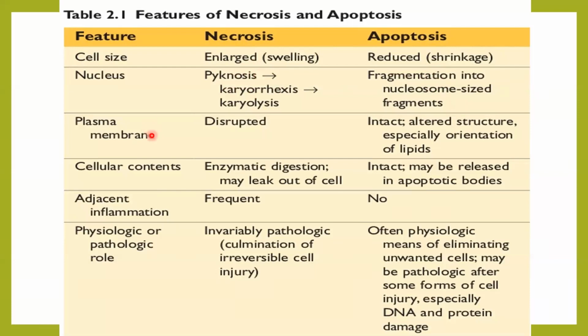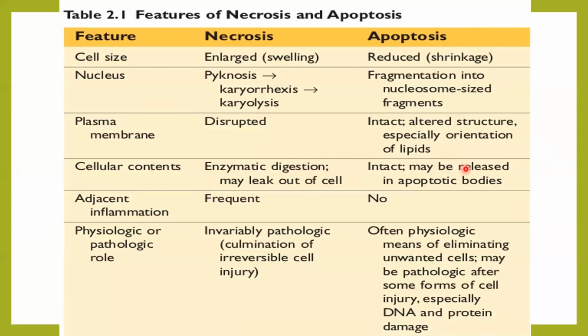Okay, plasma membrane, we've already mentioned this one, it is disrupted. This is intact, or it might be altered, with a different orientation of the lipids. How about the cellular contents? There's enzymatic digestion because the lysosomal membrane is damaged, with release of the enzymes and damage of the cell.